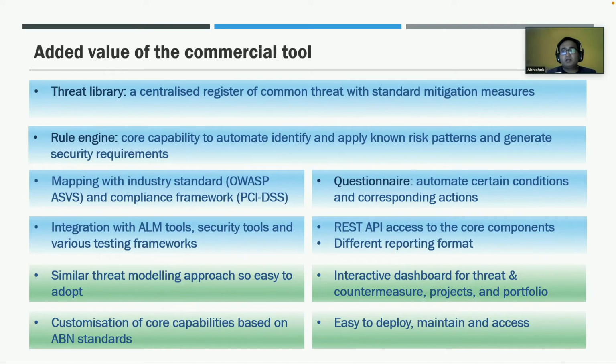And once they are done, they can create these countermeasures as a user story or task based on the configuration in the system on their corresponding backlog management tool. And from there, they can plan it based on either risk or based on their standard or compliance framework. They can plan it in their sprints.